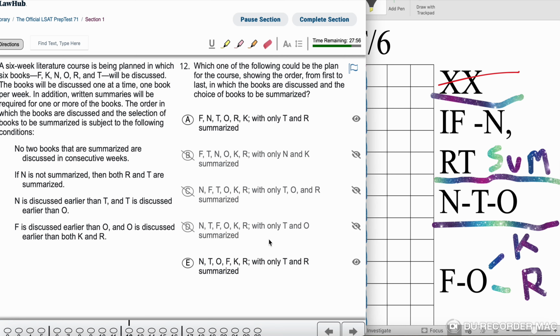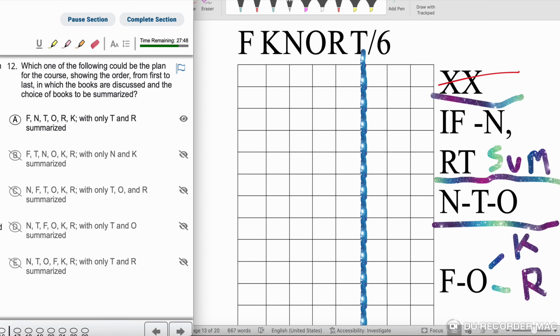So F before O, and you've looked at choice E. F is after O, so process of elimination brings us to choice A. And with another method, all these conditions meet the standards. So this question meets all these conditions. There are two methods, kind of like an interdisciplinary approach.